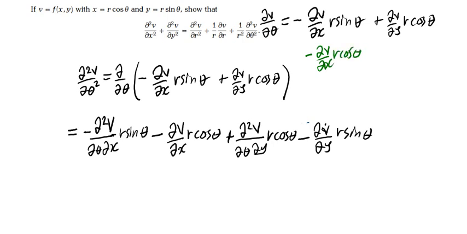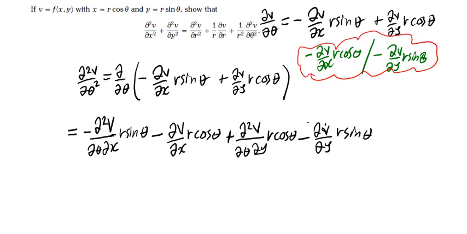Then we have another one. That is minus partial of v with respect to y, then that will be r sine theta. So keep in mind that we have these somewhere, but I'm just going to ignore them for now, because they're already done. They're just waiting for the final stage where we decide to do some showing. So I can erase them there like that.